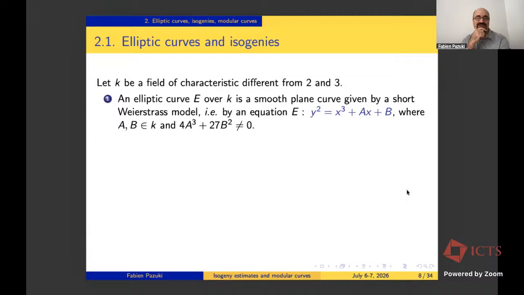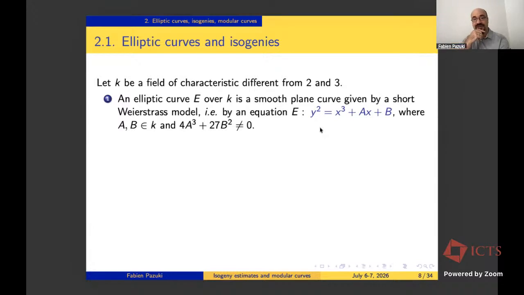So an elliptic curve over this field K is a smooth plane curve given by a short Weierstrass model. This is a possible definition. Of course, there are other equivalent definitions. So what's the short model? A short Weierstrass model is this equation where A and B are fixed in K and X and Y are the variables in the plane.